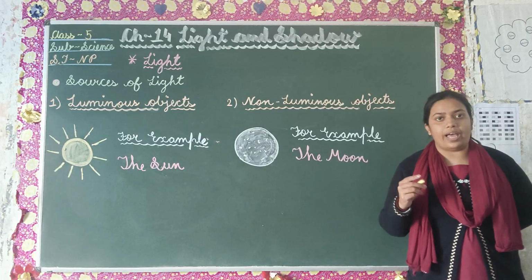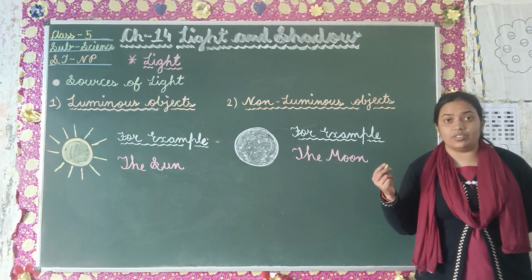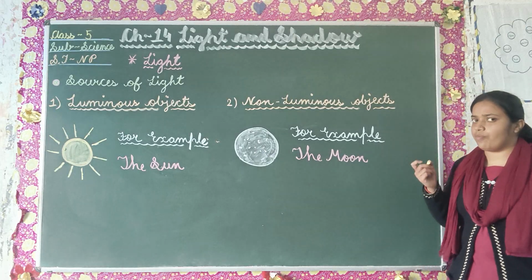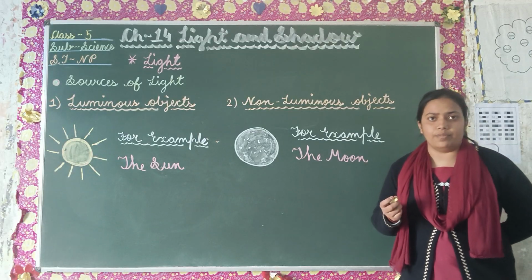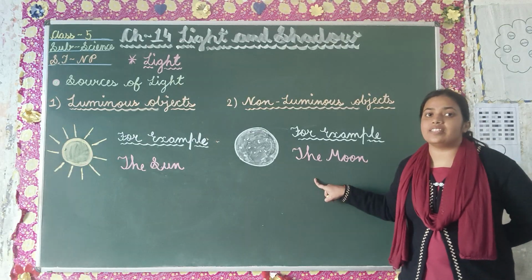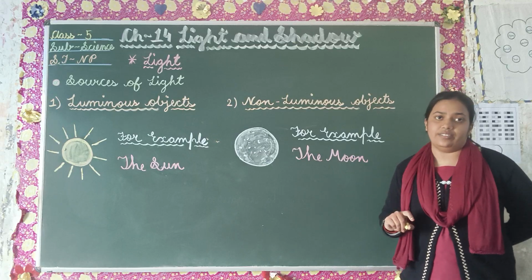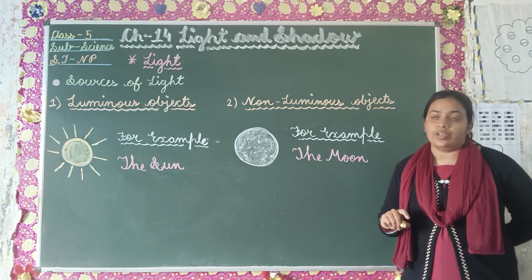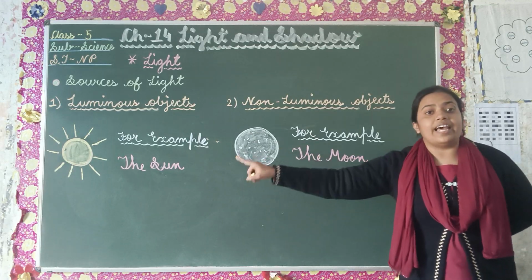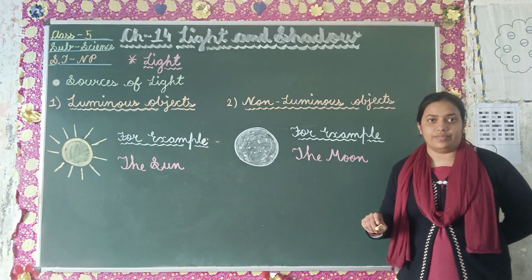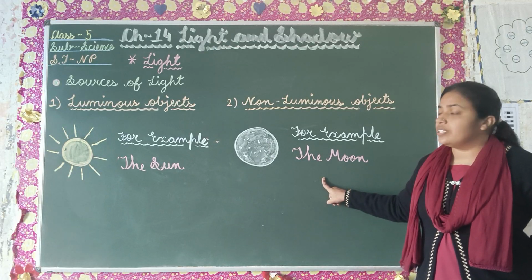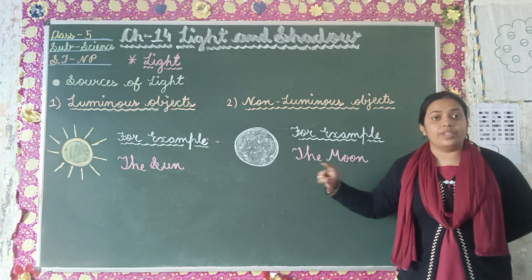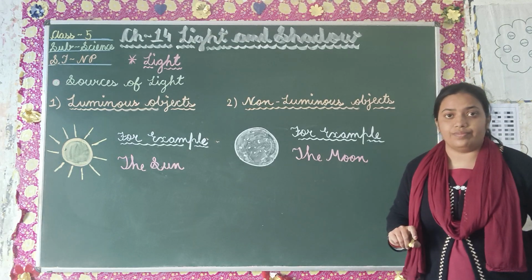Now the question arises in your mind: the moon has light, but the moon does not have its own light. The moon reflects the light of the sun, and after that we see the moon in the sky.